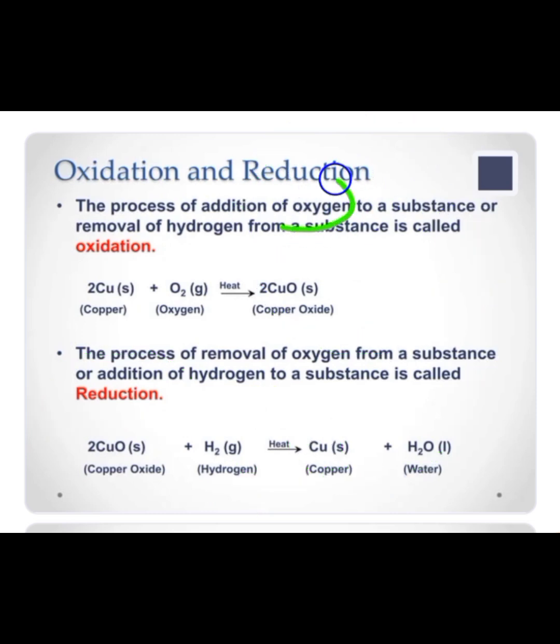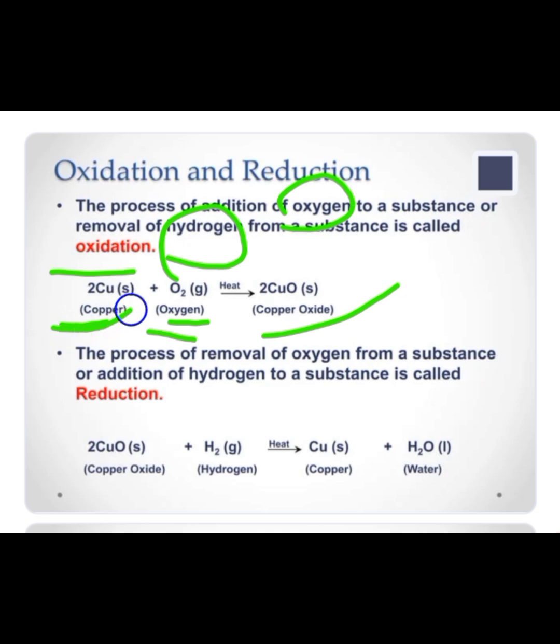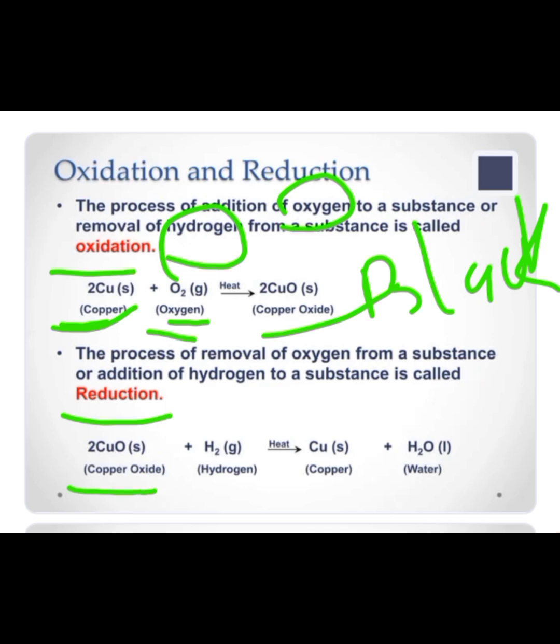The process of addition of oxygen to a substance or removal of hydrogen is oxidation. For example, copper combines with oxygen to give copper oxide. This copper changes from brown color into black due to oxidation. In case of reduction, copper oxide along with hydrogen gas gives copper and water molecule.